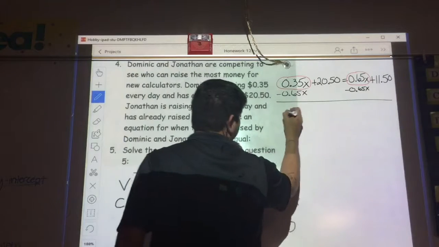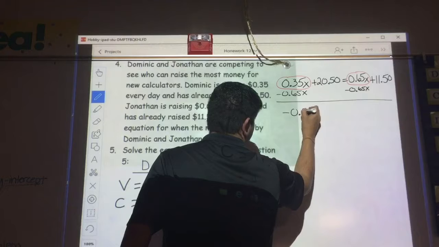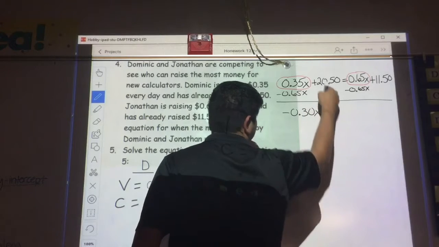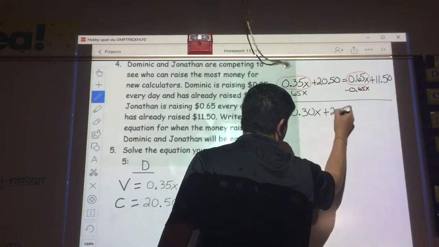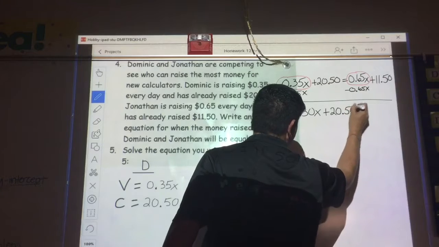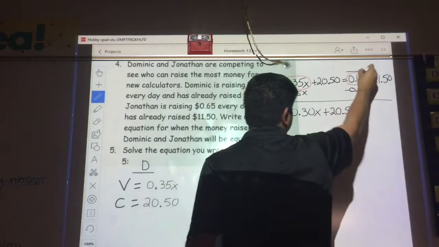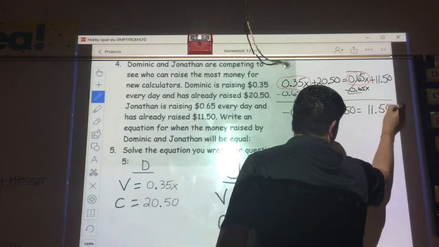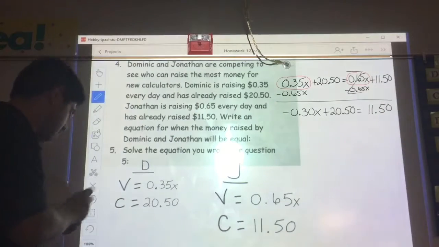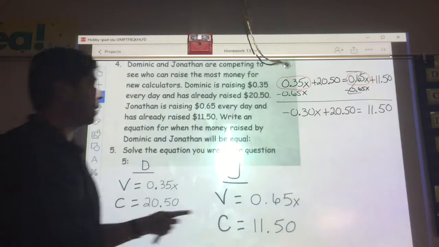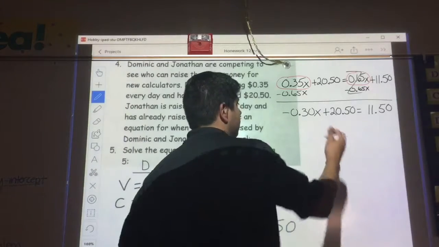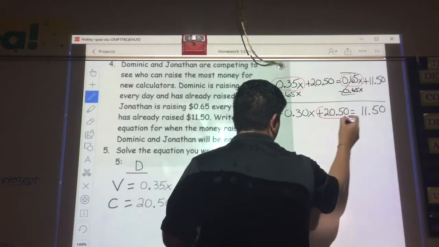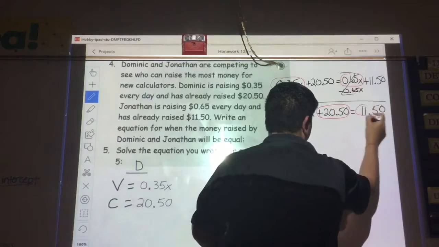So this is going to be negative 30 cents x. Bring down the plus 20.50 because that's still there. Equals, now this zeroes out, and then I have 11.50 here. Okay, so now once I get this step, my like terms are the plus 20.50 and then the 11.50.